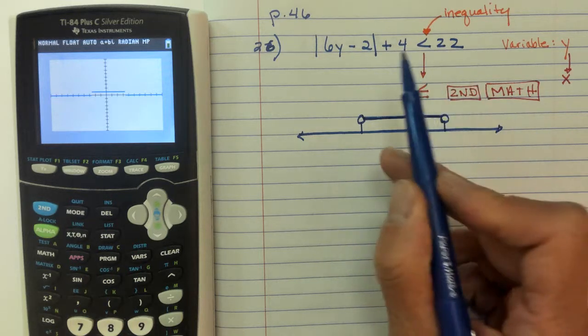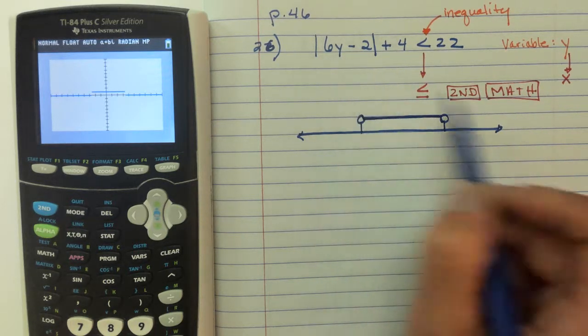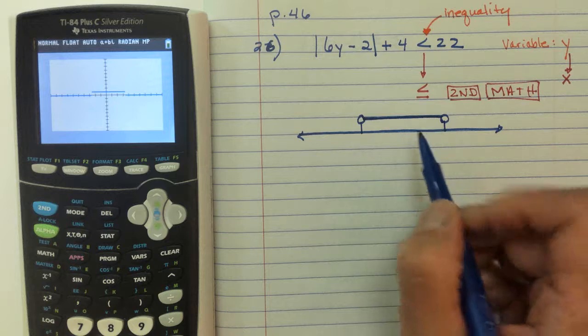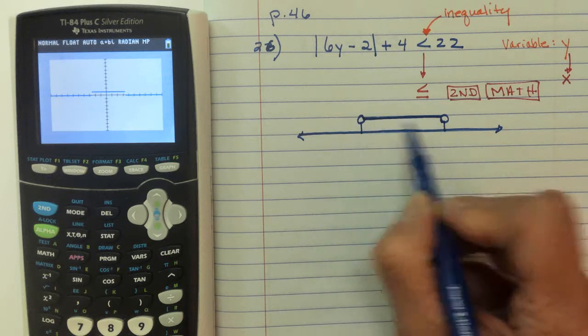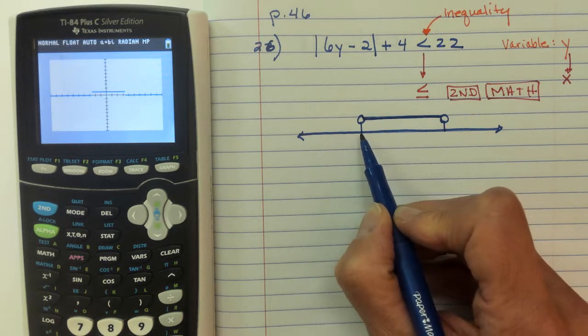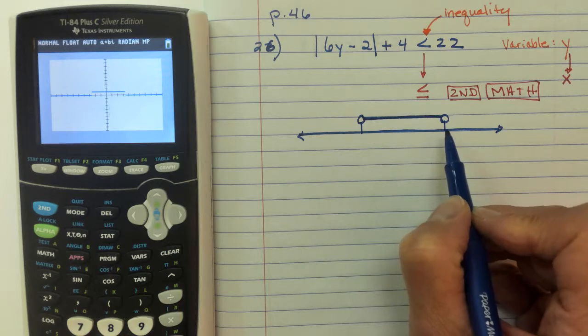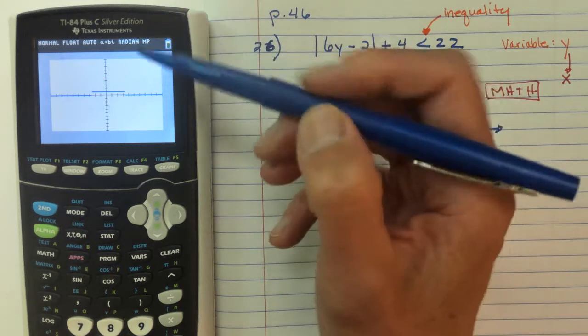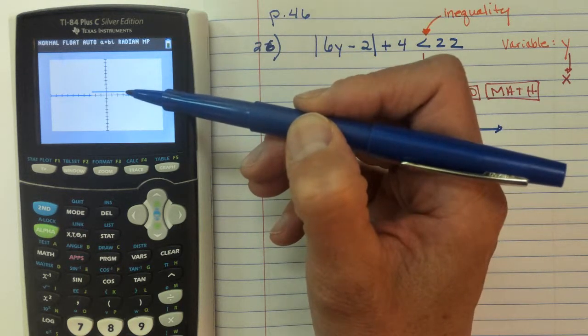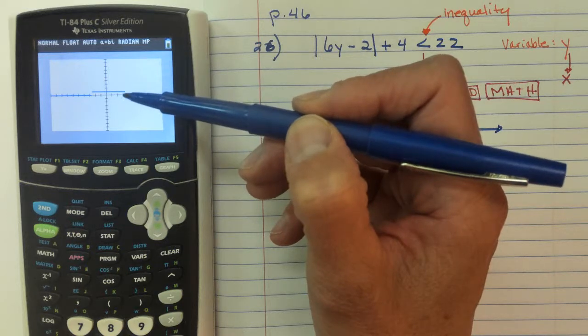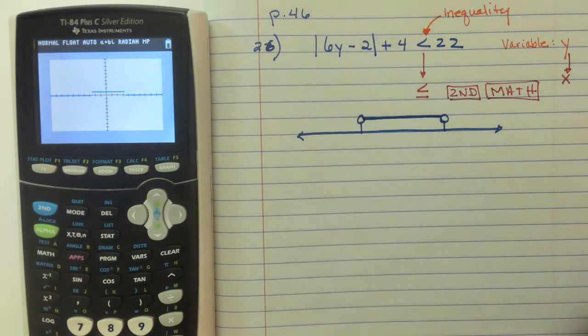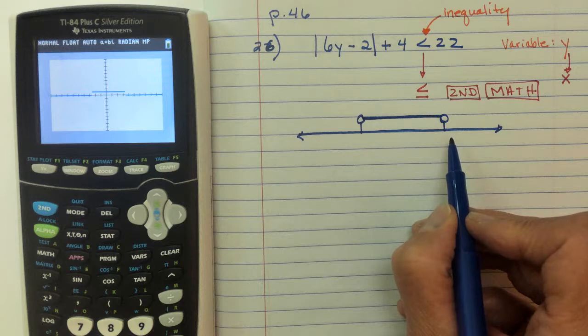Okay? So for this problem, my value of y, or x, however you want to look at it, are these values here. So I have to figure out what this value is and what this value is. If we look closely, it doesn't look like those are on that integer. So I'm going to have to find these values here.